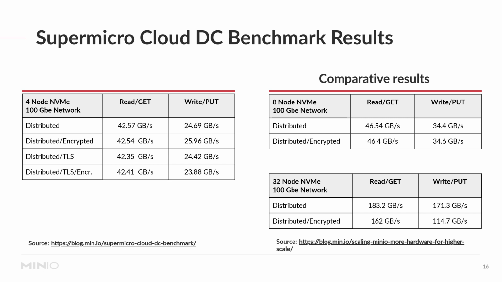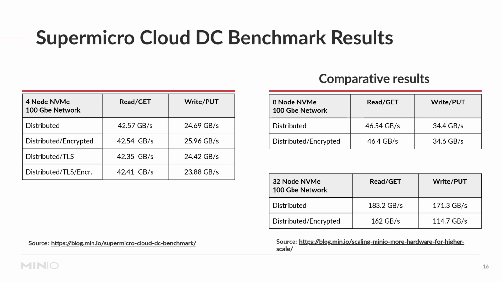And another thing I wanted to point out too is that when we look at our standard set of benchmarks that we have recorded, you can see that the 4-node Supermicro CloudDC performs very well when compared to the 8-node or a 32-node using NVMe. These were not on the same hardware, they were different.